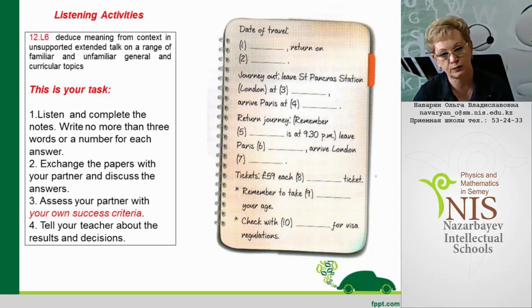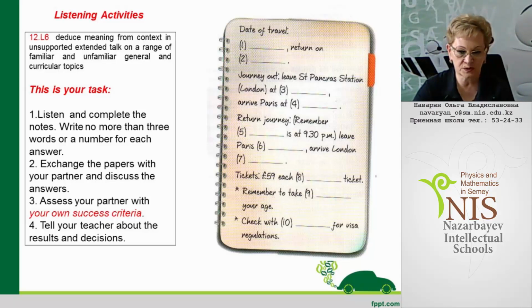Another possible way for doing listening activity and assessment, look at this slide, please. I want to draw your attention to success criteria. Listen and complete the notes. Write no more than 3 words or a number for each answer, as usual.